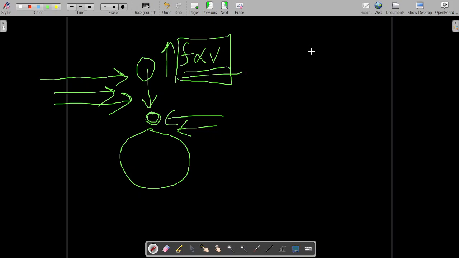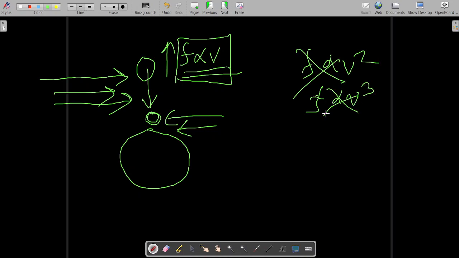F is directly proportional to V, or F is directly proportional to V square, or F is directly proportional to V cube. No, such strict laws cannot be followed by air, because air can blow anywhere it wants, according to the geographical features of a particular place.